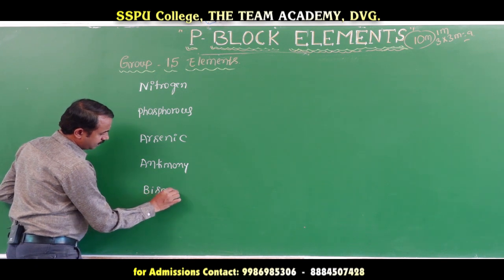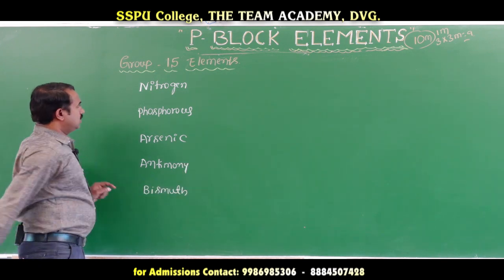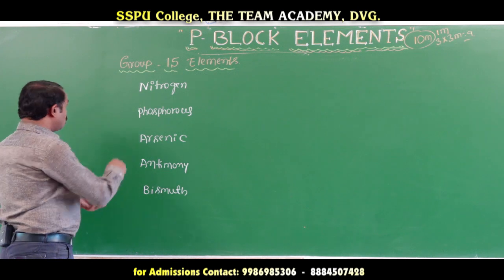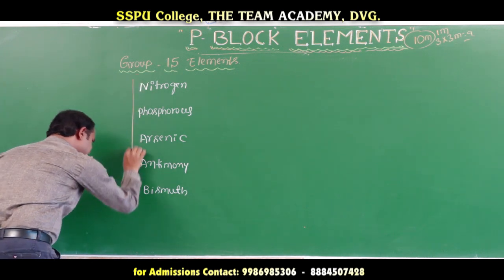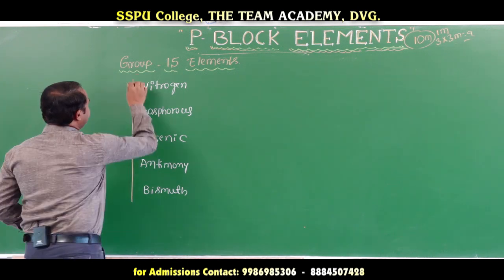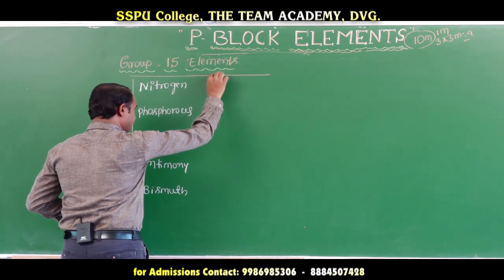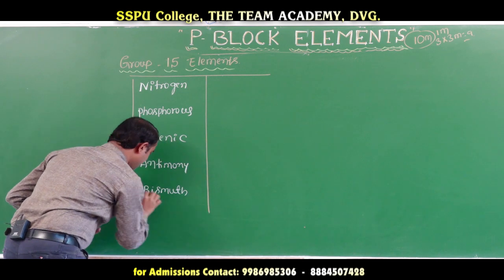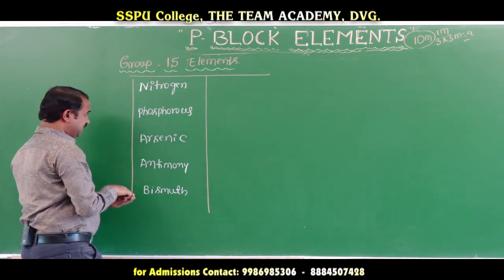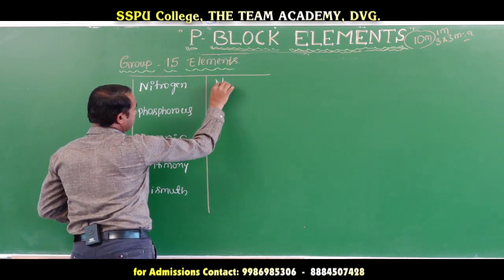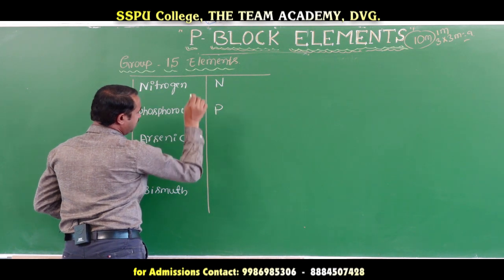These are group 15th elements. The symbol of the first element is N for nitrogen. Next is phosphorus.